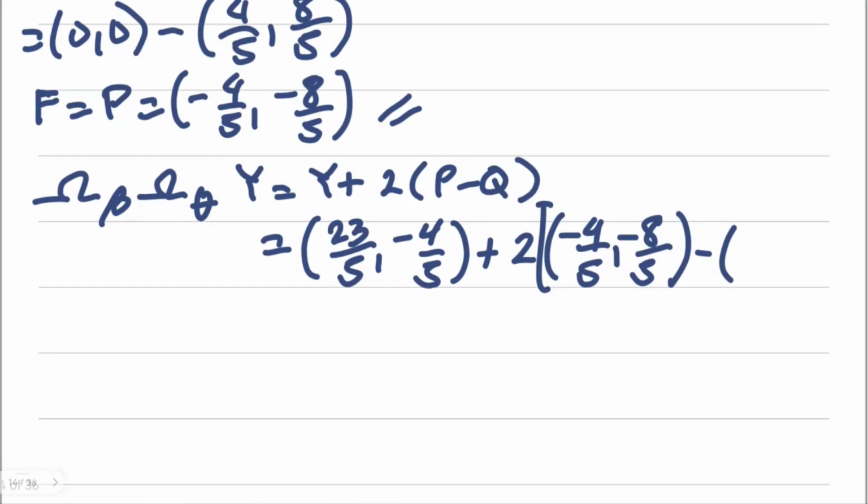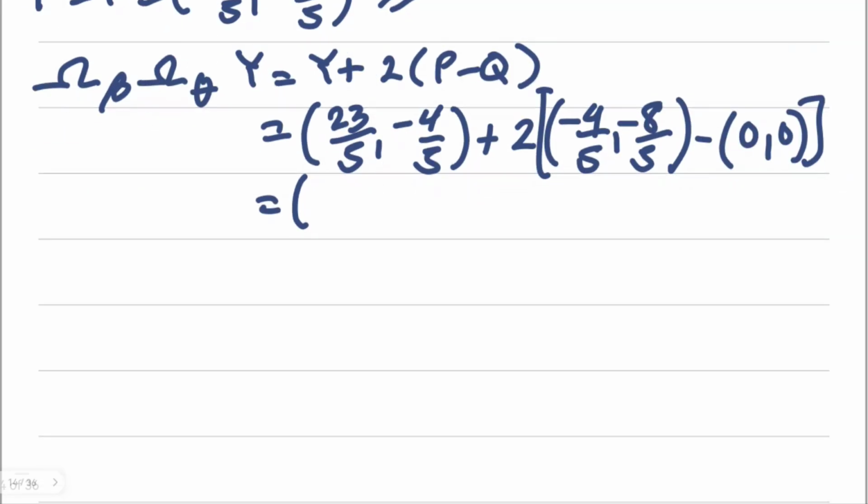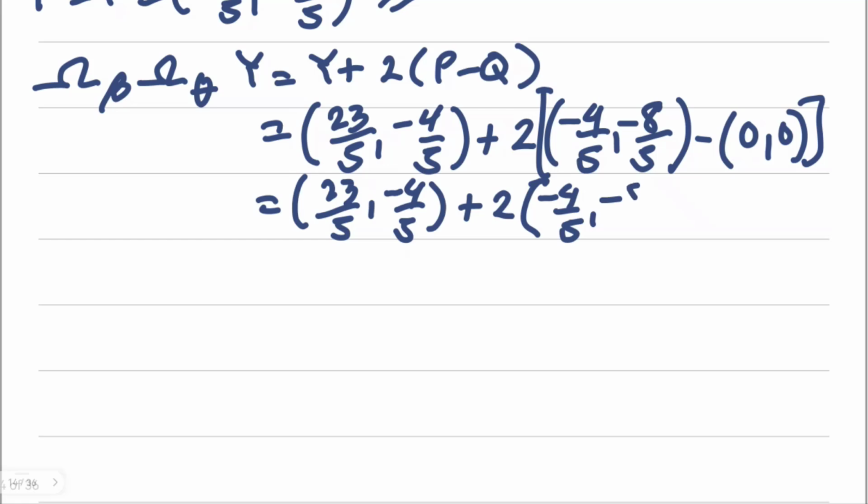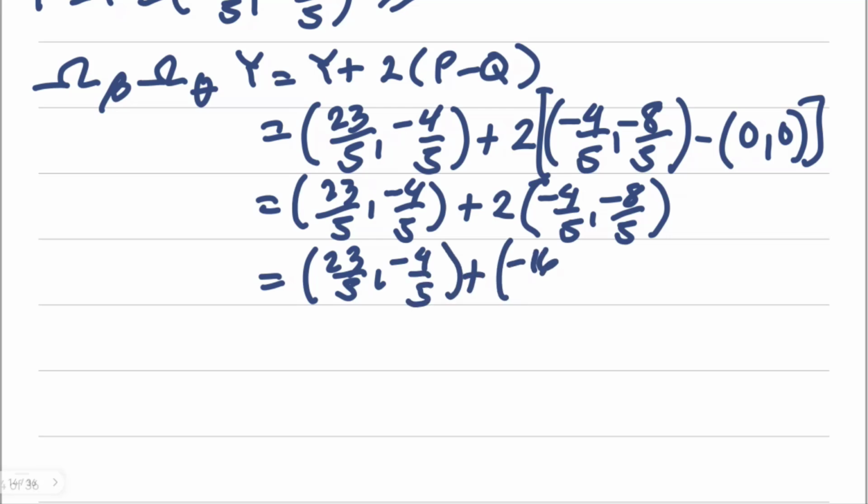See, it's easier really to handle points which are zeros. So you have 23 fifths, negative 4 fifths, plus twice, so we have here just itself, because we have 0 as its pair, 23 fifths, negative 4 fifths, plus you have your negative 16 fifths. Sorry, that's negative 8 fifths, and this is negative 16 fifths.